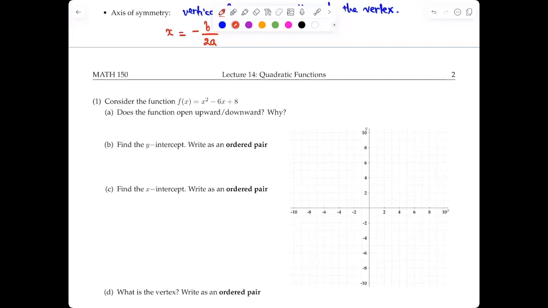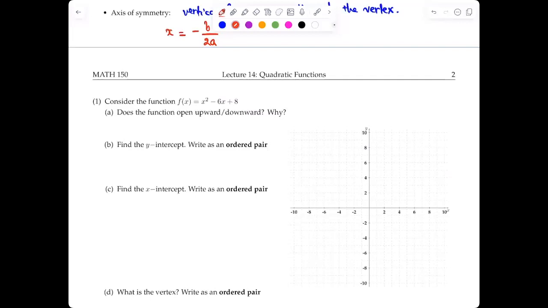So does the function open upward or downward? Is this parabola opening upward or downward? You know it, and I know you know it. How would you identify if a parabola opens upward or down? What, a negative in front? If there were.